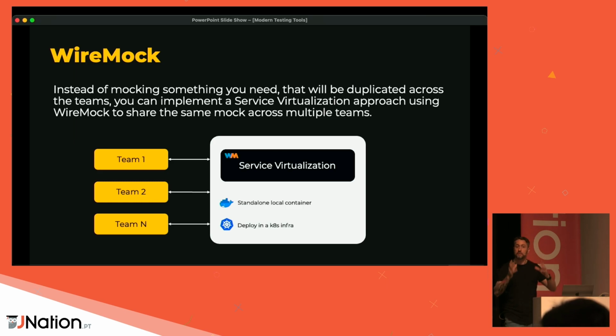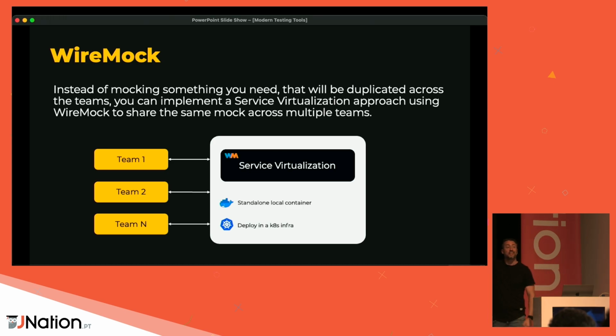It is creating a service that will be there, replying to you as a mock server, and everything will be centralized there. All the requests that all the teams make, if the service virtualization is running, will be proxied to that service, and it will reply to you instead of the real one.